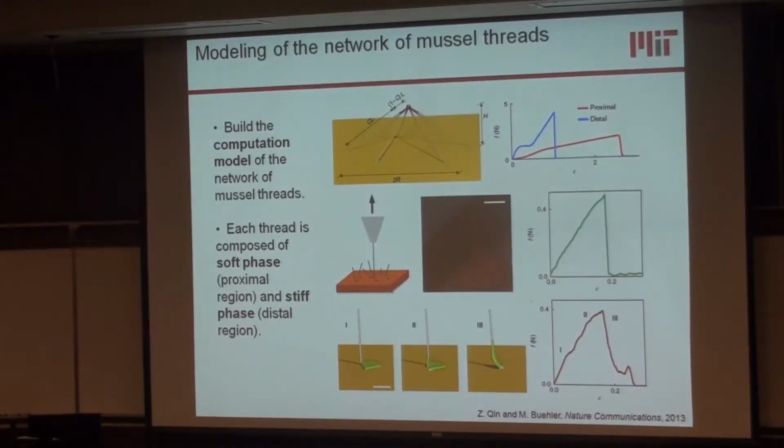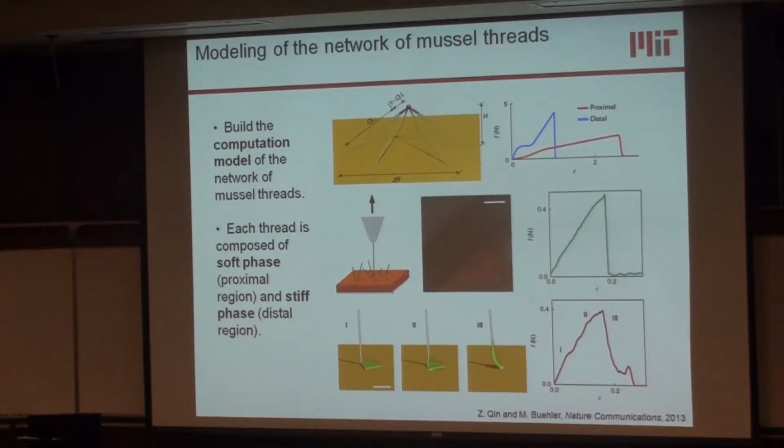So we discussed the composition of those mussel threads. They are a combination of soft material and stiff material. So it's not a homogeneous material, but a heterogeneous one, and they have distinct force extension curves for the two different materials.